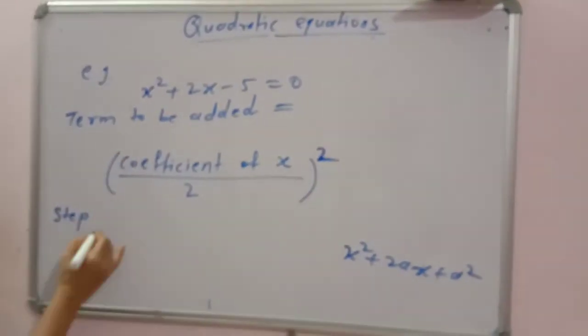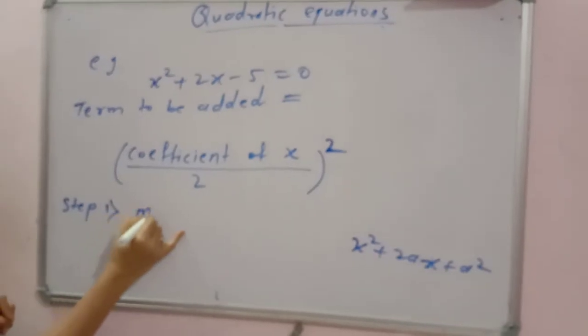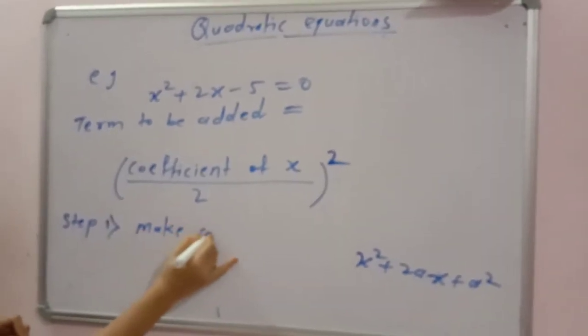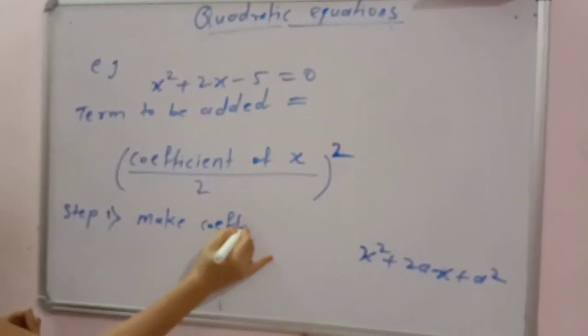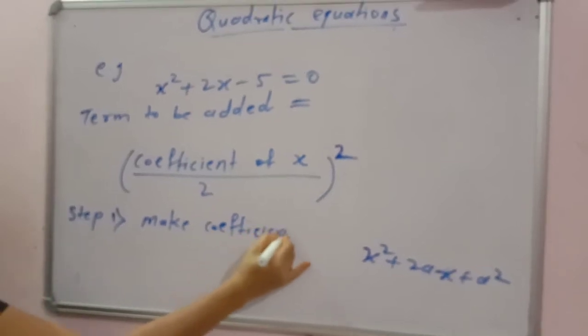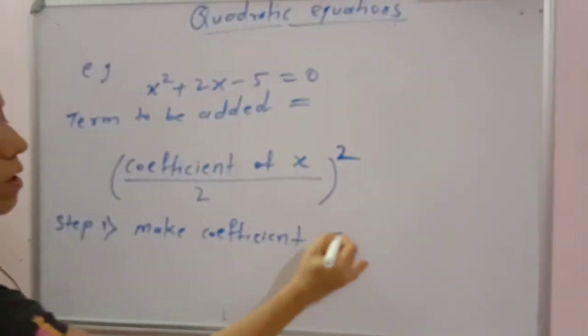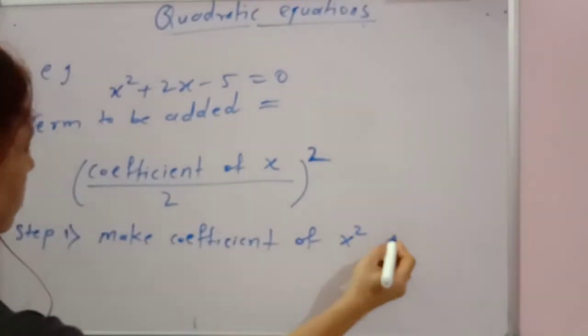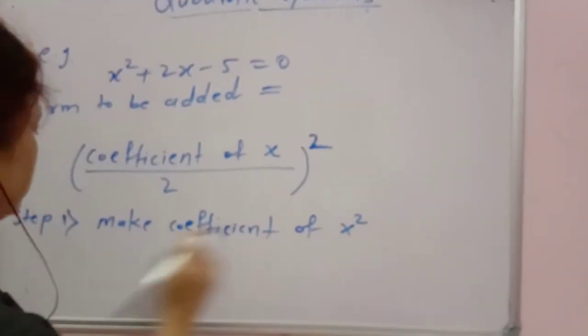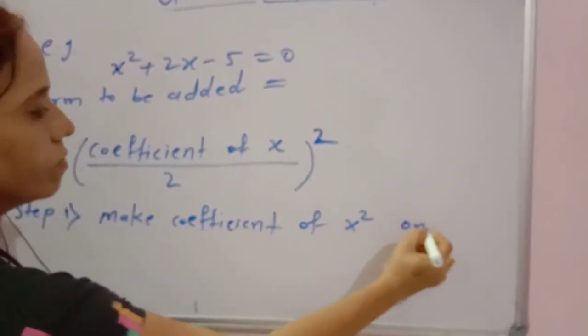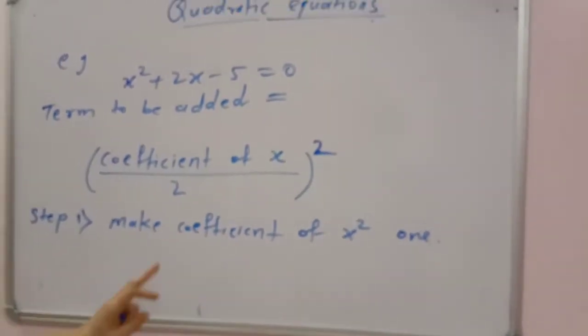So this is our first step, that make coefficient of x square 1. Okay. This is our first step.